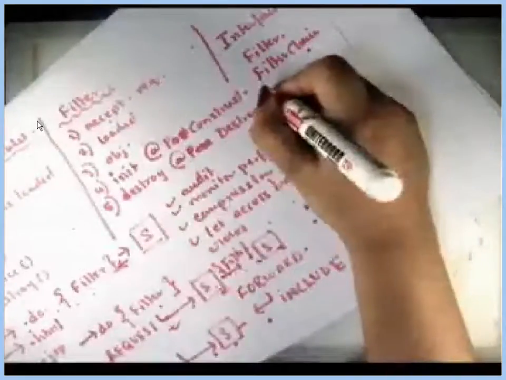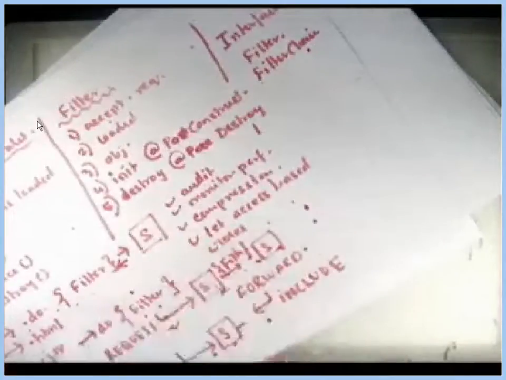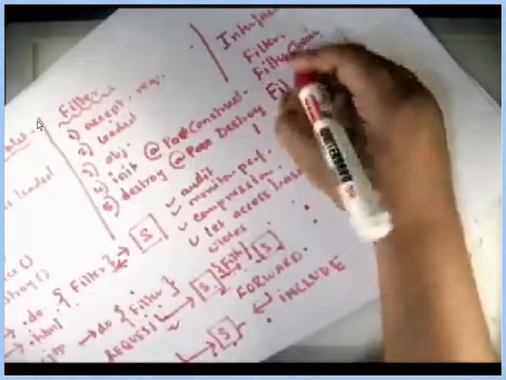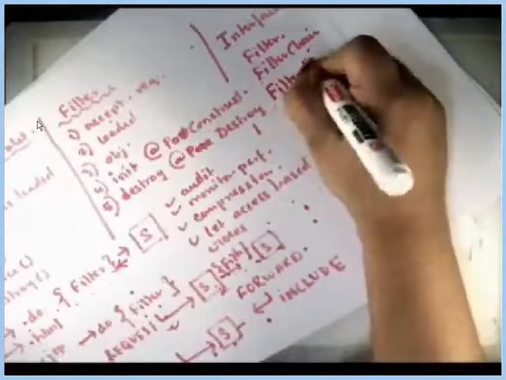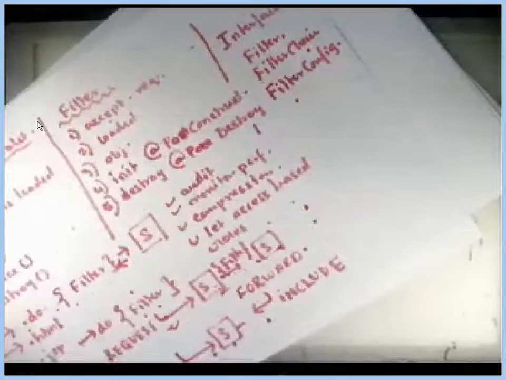A filter is a class, so it can also have a variable which might get populated when the object of the filter is created. In order to access the initialization parameters on the filter class, I will have to use FilterConfig, which will contain information like the name of the filter, the variables if any, and the data in the filter. So are we clear now with what a filter is in short?